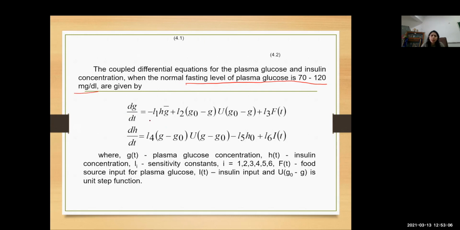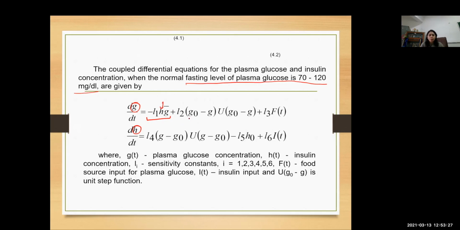In this one, G stands for glucose concentration and H stands for insulin concentration. So here the glucose concentration is decreased because of the presence of this insulin.